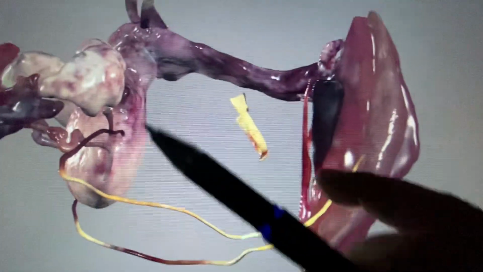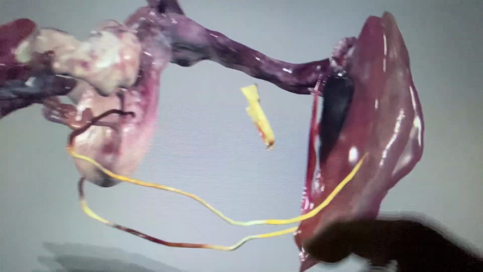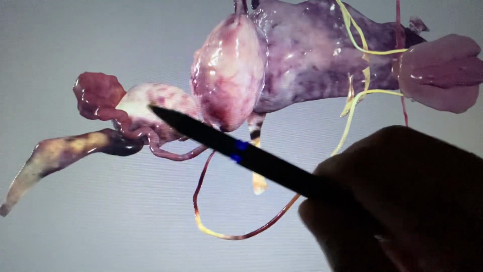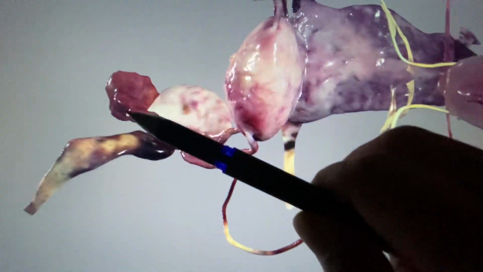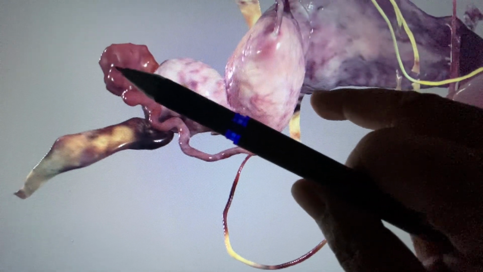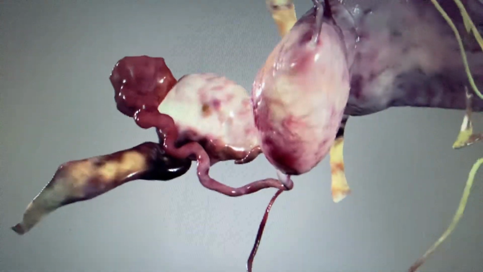And where the uterus and the vaginal canal meet, right here, that is, of course, your cervix. The other major structures are your ovaries, fallopian tubes, and this area where it funnels out, that's your infundibulum, and inside those are the finger-like projections called your fimbriae.